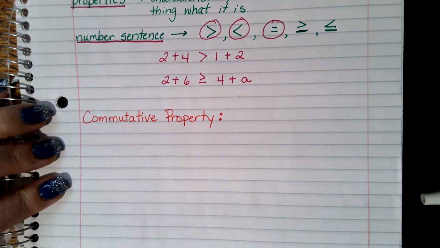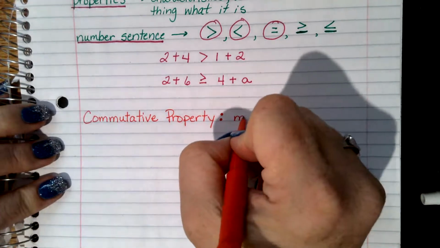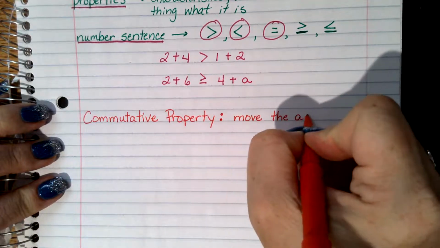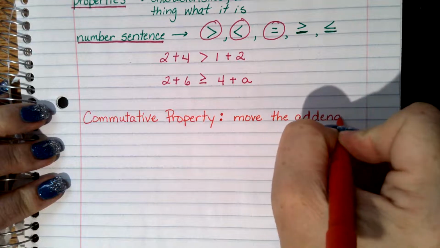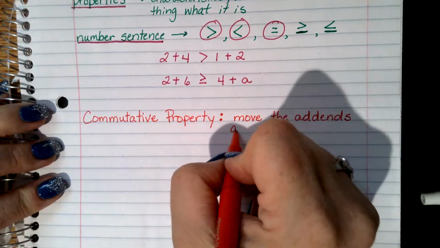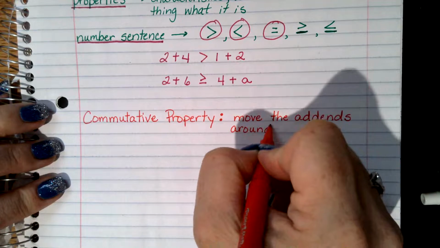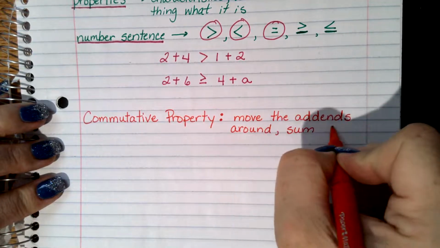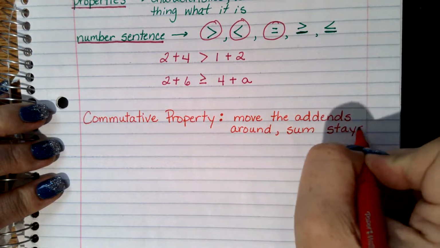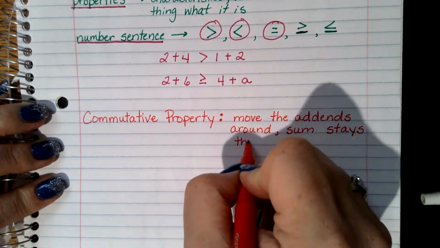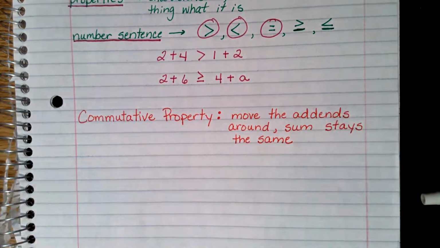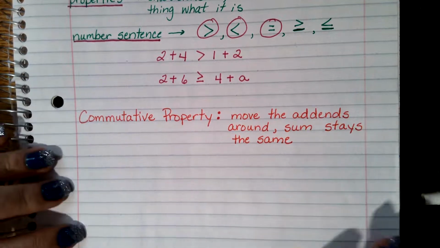Basically, it says that we can move the numbers around, move the addends specifically around, and our sum is the same. It doesn't matter how many addends you have. You can put them in any order, and your sum is still going to be the same.